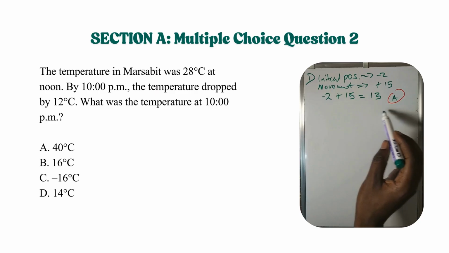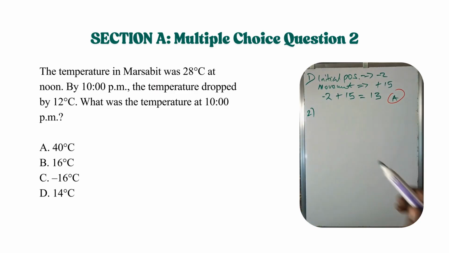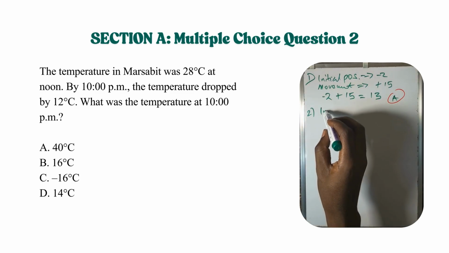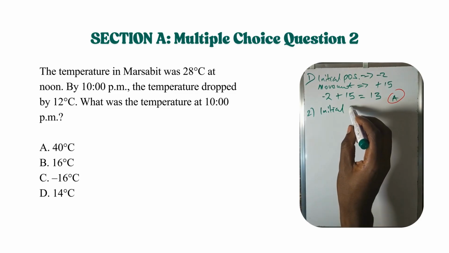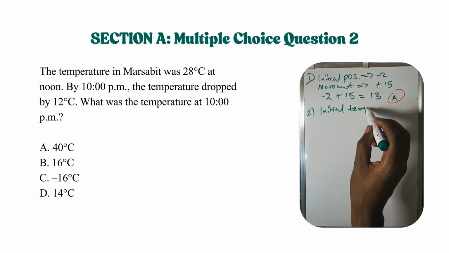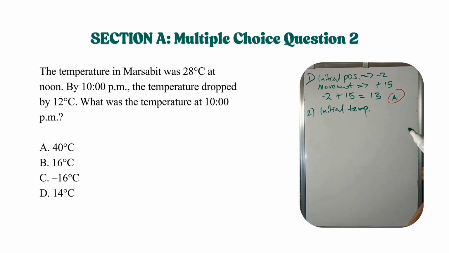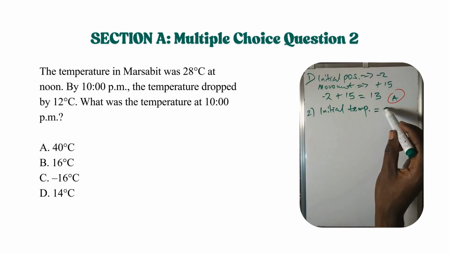For number 2, the temperature in Marsabit was 28 degrees Celsius at noon. By 10 p.m., the temperature dropped by 12 degrees Celsius. What was the temperature at 10 p.m.? Now, the initial temperature was 28 degrees Celsius.